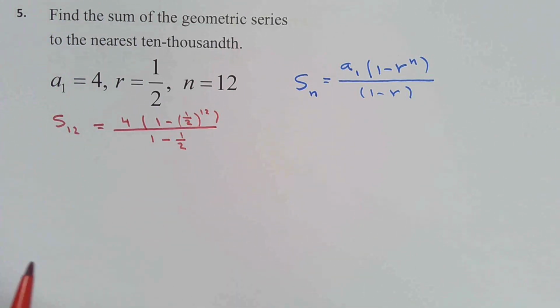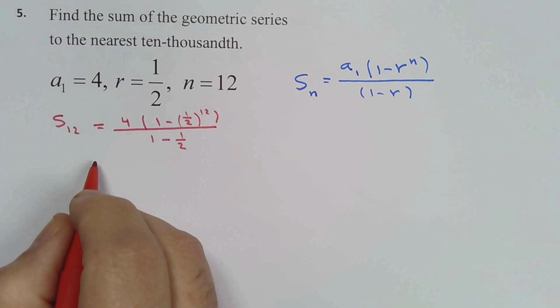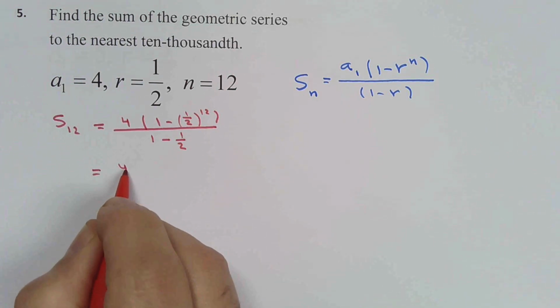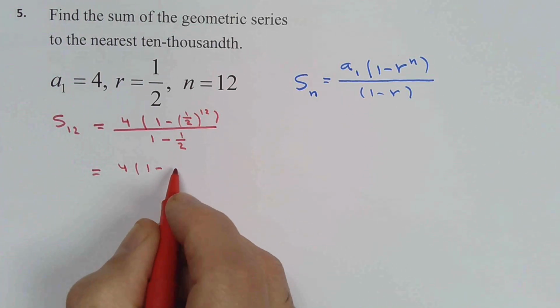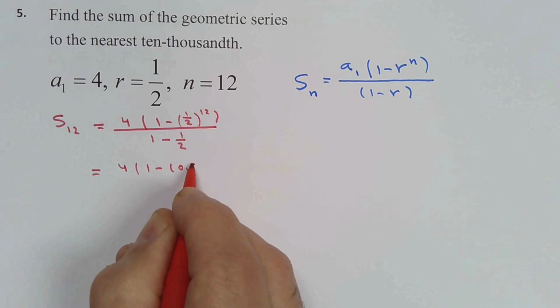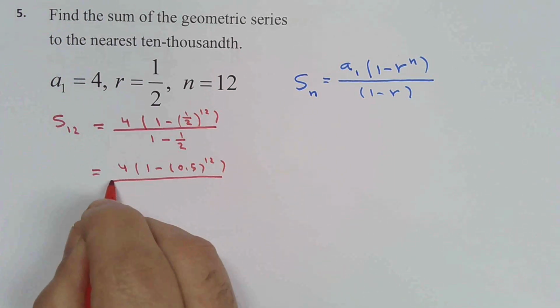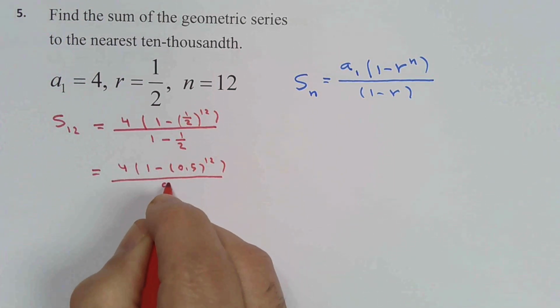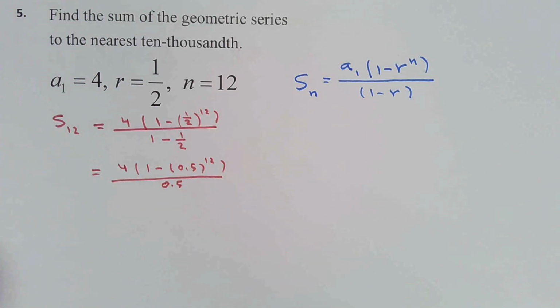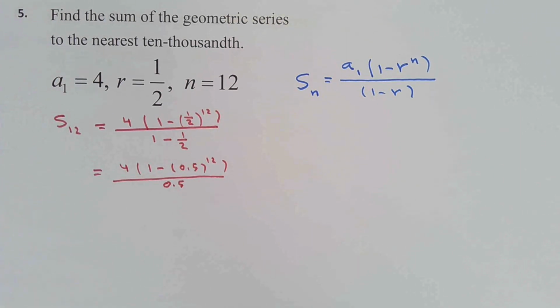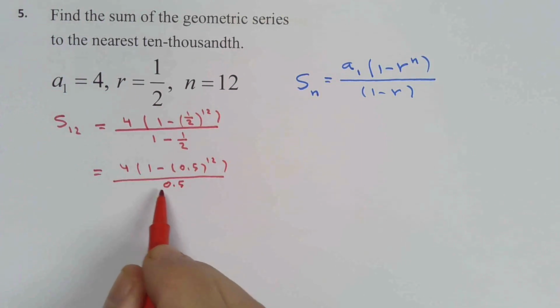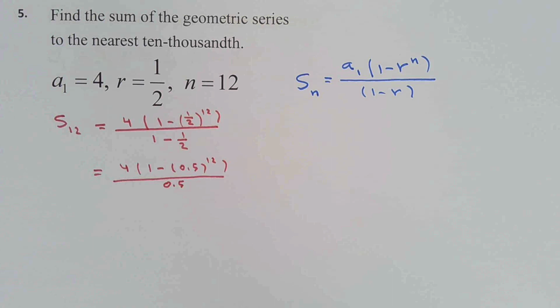And 1 minus half is half, so that is equal to 4 times 1 minus 0.5 to the power 12, all over 1 minus half, that's half, or 0.5. Just want to write less fractions, so I could use the calculator. Or you could simplify 4 divided by half, which is 8. But let's just finish it this way.